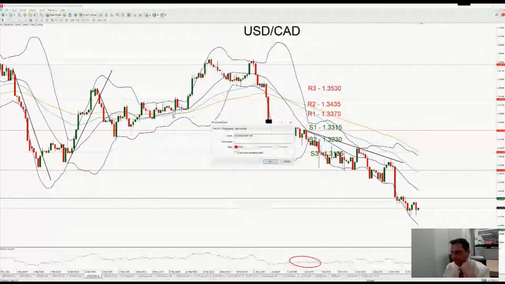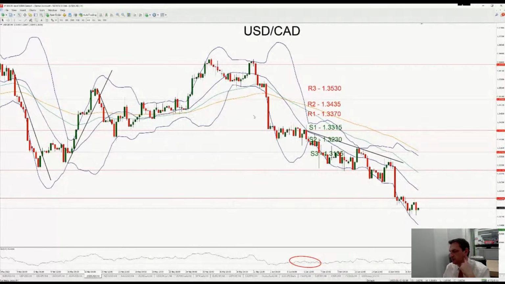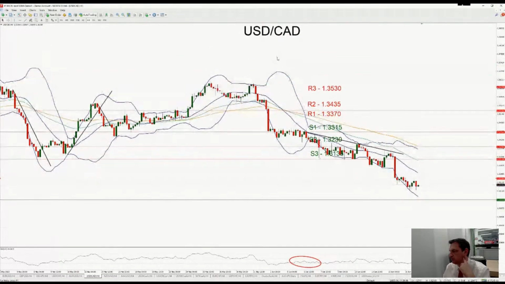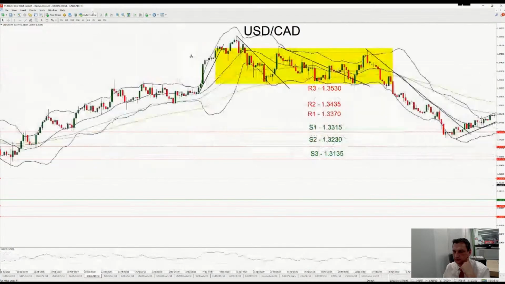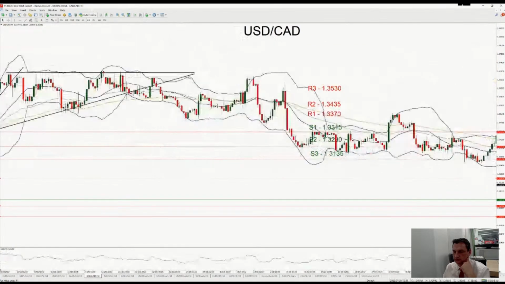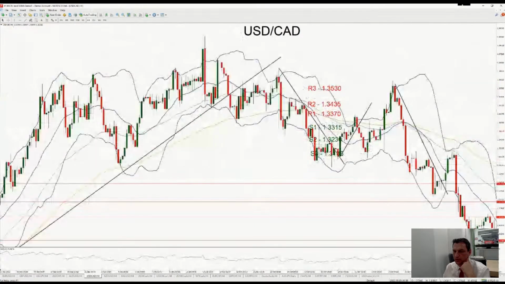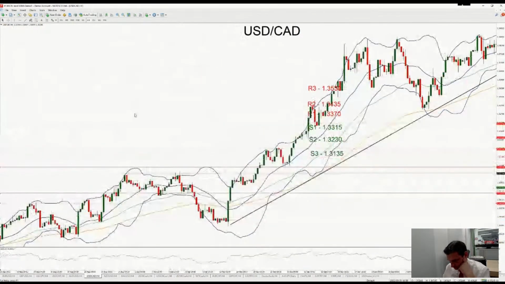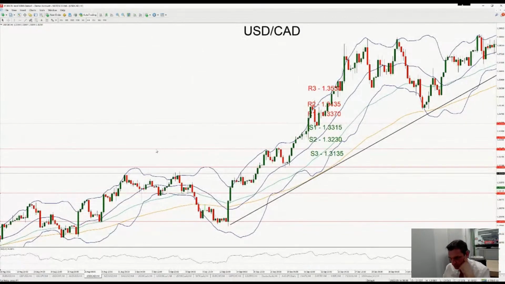Also, the line also has to be turned into a support line. Sorry, a resistance line. Let's go hunting for new ultimate resistance levels, support levels. Way back, we have definitely one level here.